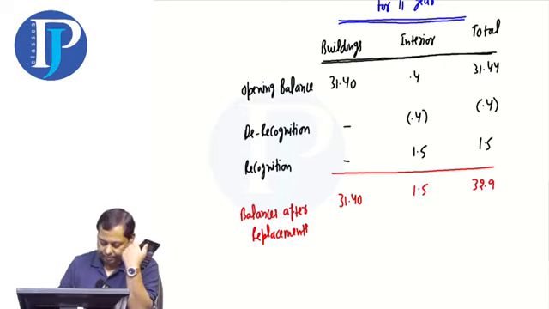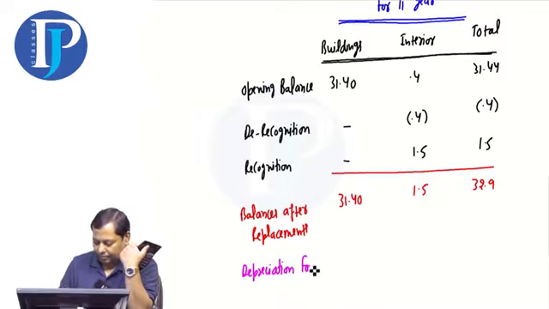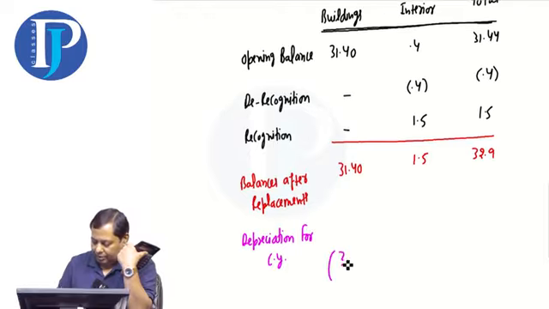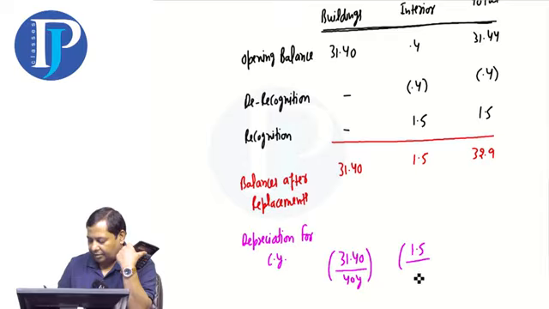Calculate depreciation for the current year. The current year is the 11th year. 31.40 divided by 40 years. 1.5 divided by 15 years.